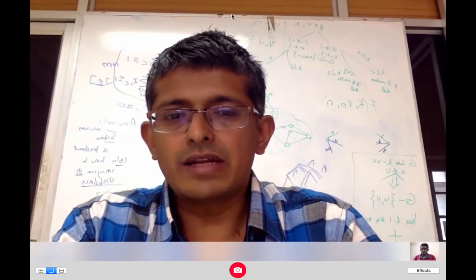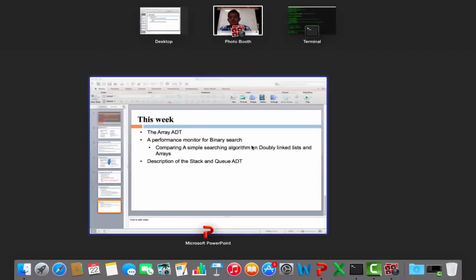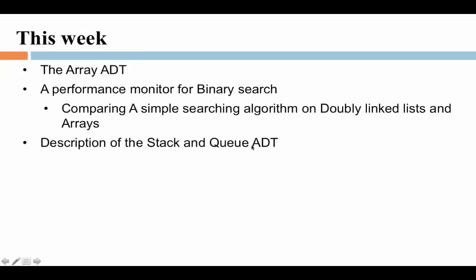So what are we planning to do in the next week? The plan for the next week is that we will talk about the array abstract data type very quickly. We will not go into the array abstract data type implementation because the C programming language provides us features for manipulating and accessing arrays. We will use the array associated with the C programming language. We will use our doubly linked list implementation, and we will come up with a performance monitor for the binary search algorithm.